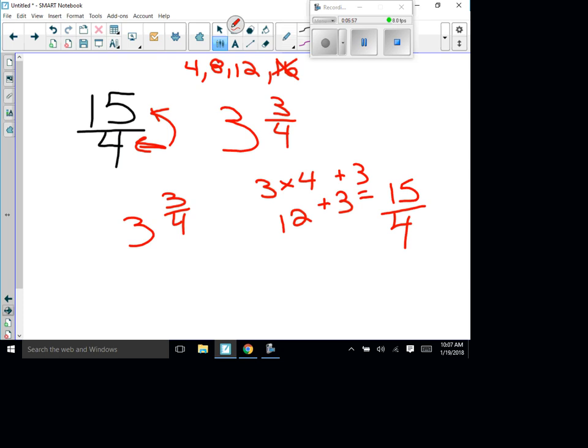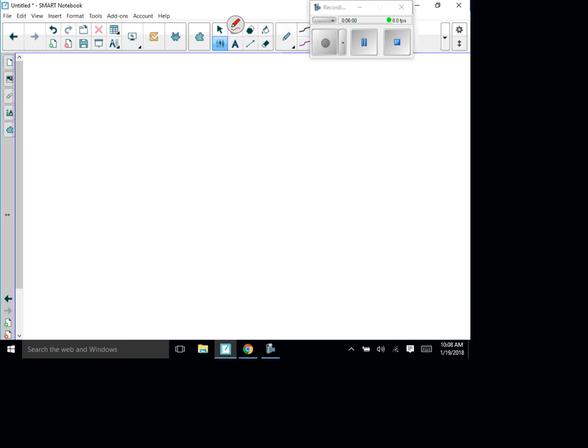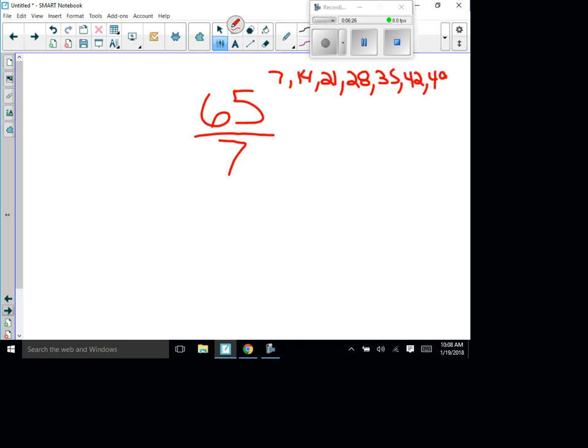All right, you can also do it on a giant number. Let's just pick one, I don't know, 65 over 7. Basically all you do is you go, how many 7s go into 65? If you know your 7s, great. If you don't, make a list: 14, 21, 28, 35, 42, 49, 56, 63.